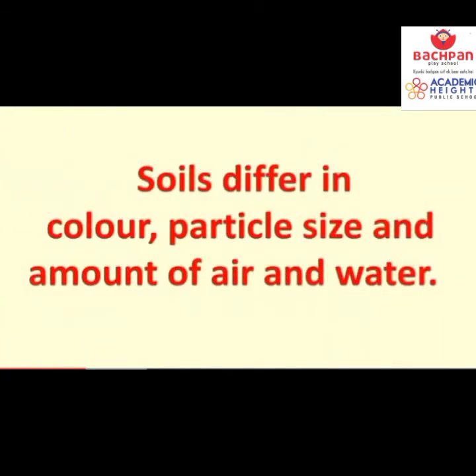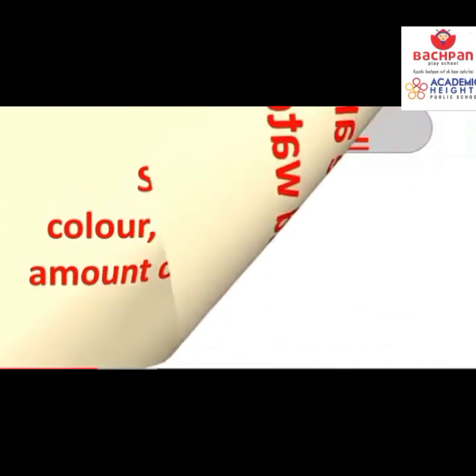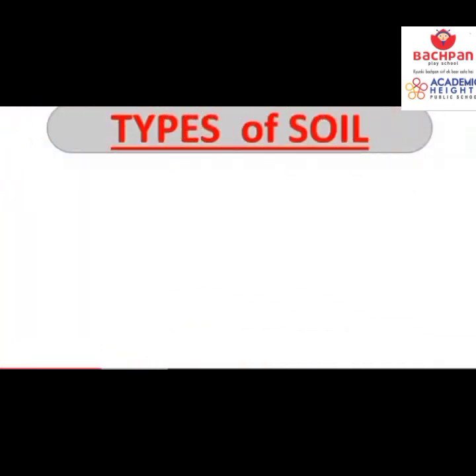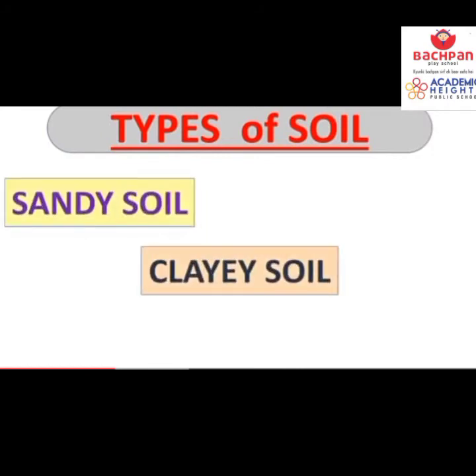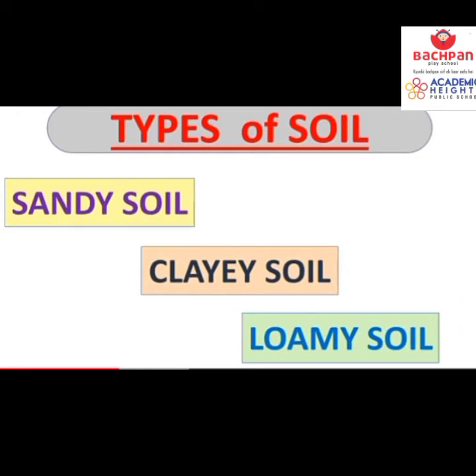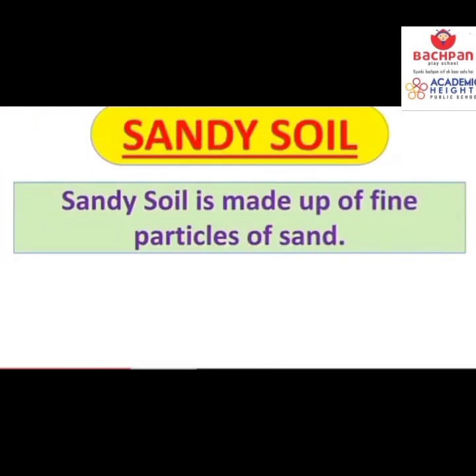Soils differ in color, particle size and amount of air and water they hold. There is a lot of difference. Let's see the three different types that I had earlier explained to you. Sandy soil, clay soil and loamy soil. So there are three types of soil: sandy soil, clay soil and loamy soil.